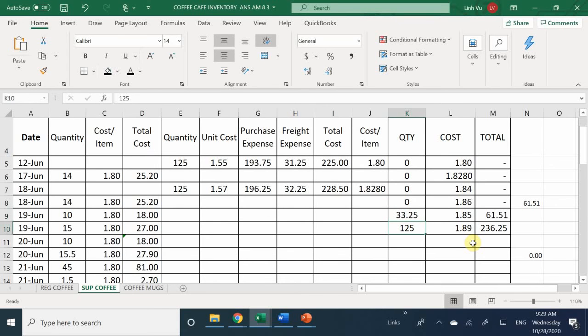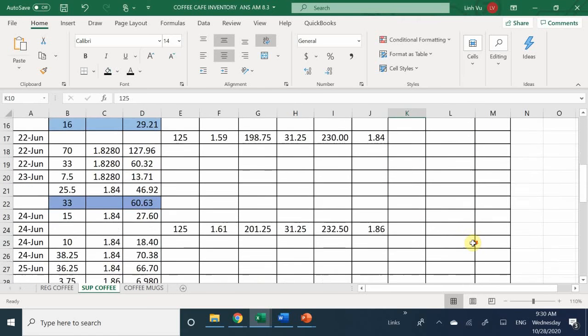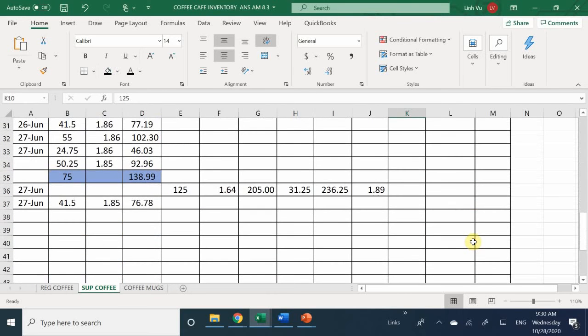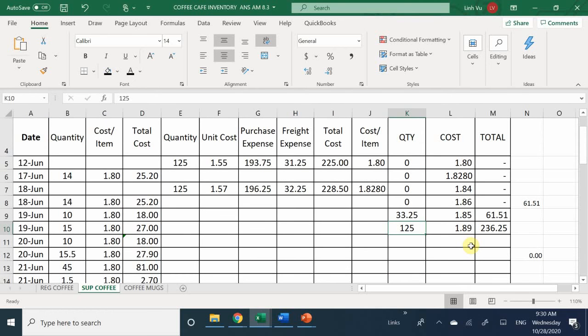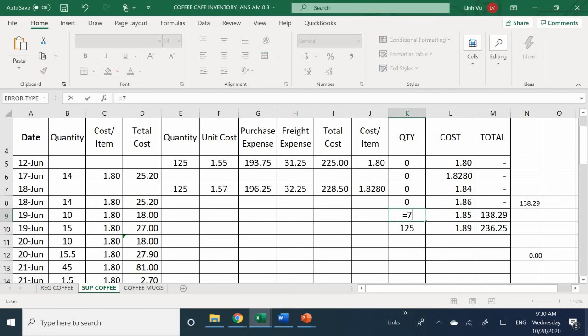Yes, we should have 61.51 left. Sorry about that. I'm going to do it again. 74.75. There you go.